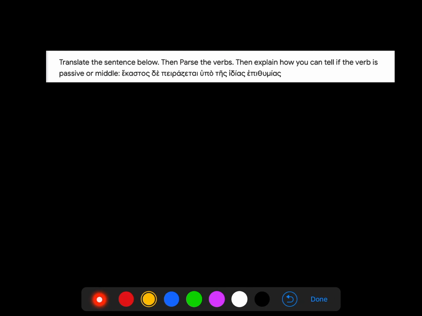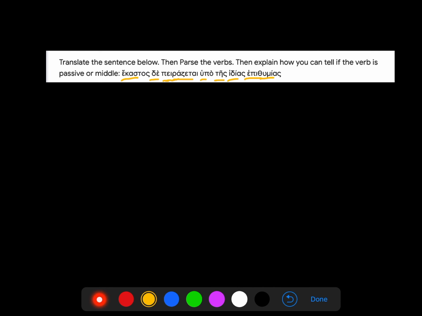Next sentence here. Hekastos de peirazetai hupo tês idias epithumias.